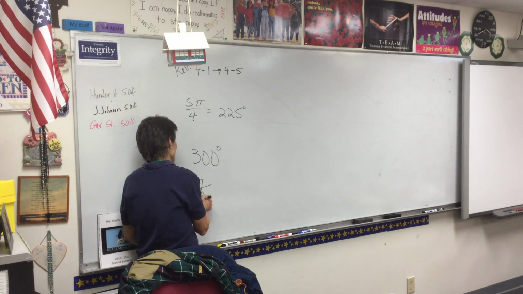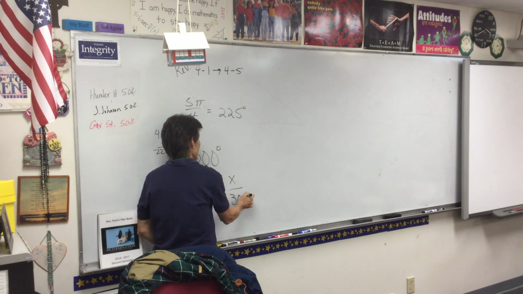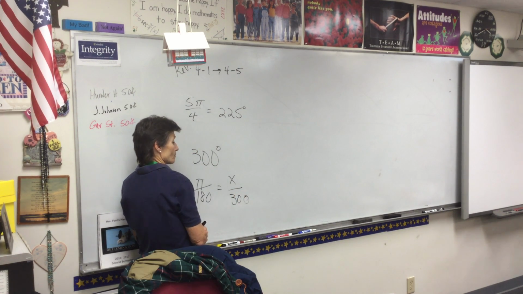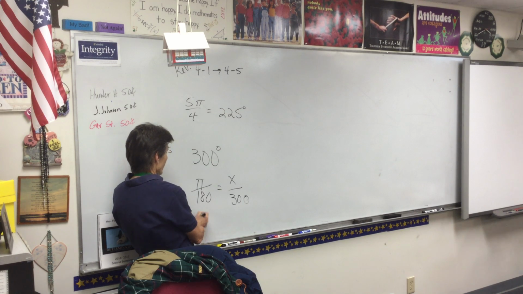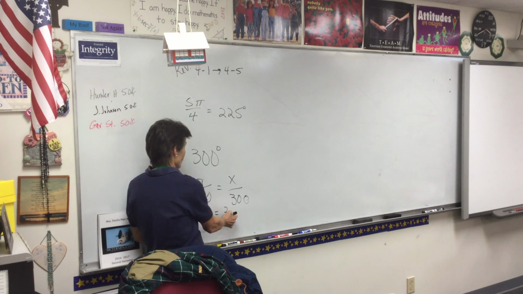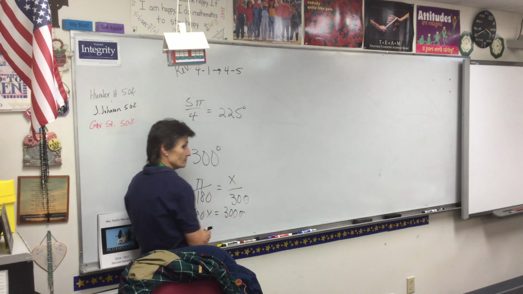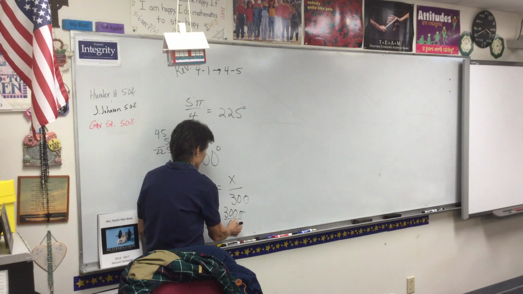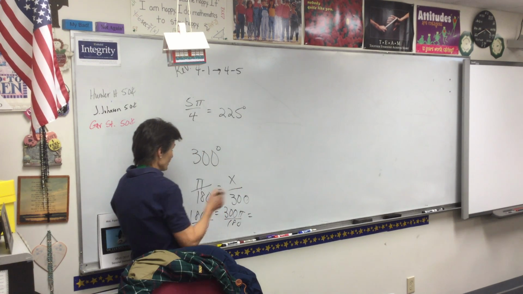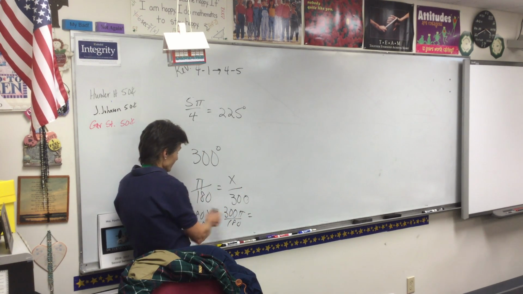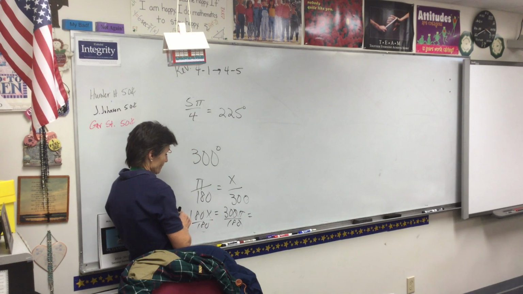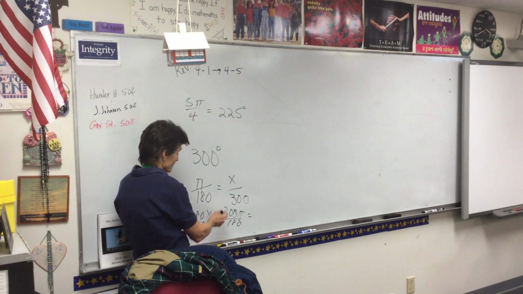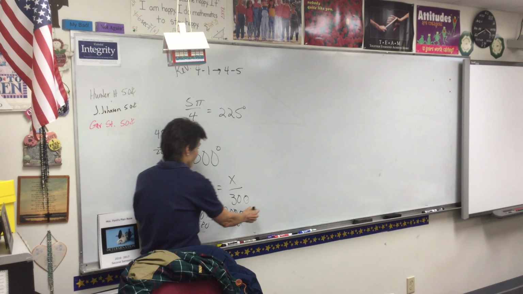Pi over 180, we do a proportion. Pi over 180 equals x over 300. Cross multiplying, 180x equals 300 pi, and then we divide. And then we reduce however much we can, so the zeros are gone. 5/3.